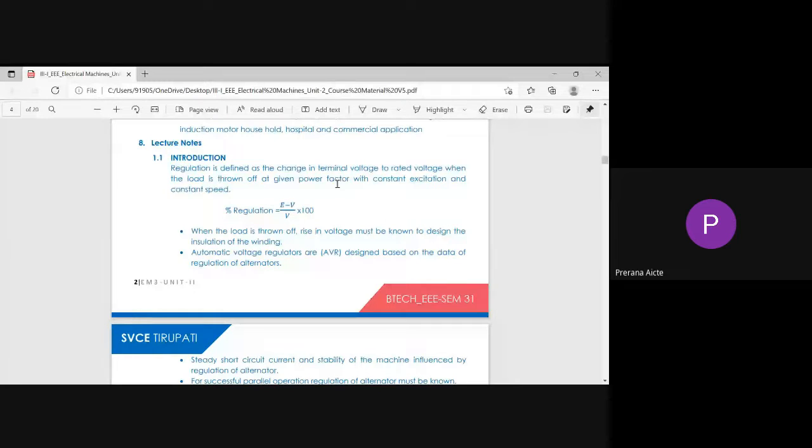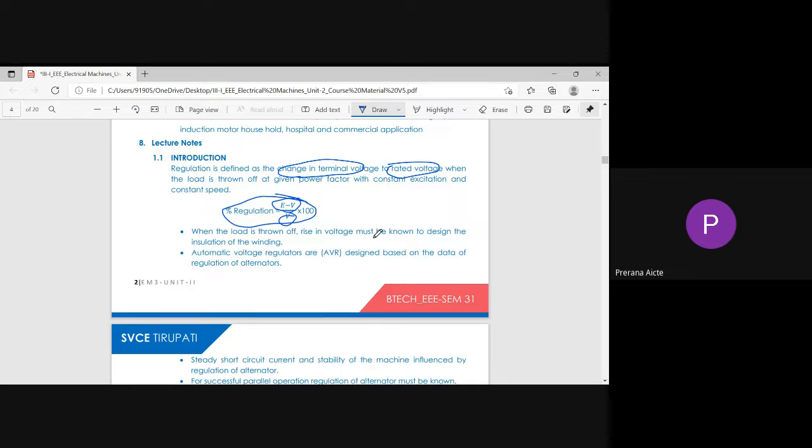Voltage regulation, a very important concept from the GATE point of view. What is meant by voltage regulation? It is the ratio of the change in terminal voltage to the rated terminal voltage when the load is suddenly thrown off with the same excitation and same speed.